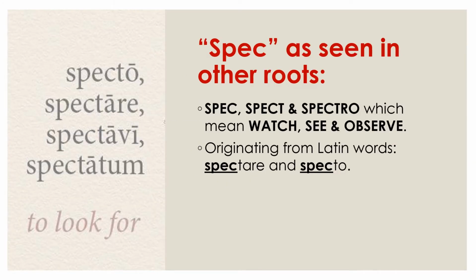As mentioned, spec is a Latin root, which means that it comes from the language Latin, specifically from these two words, spectare and specto. Spec is also associated with two other words, so basically they're triplets. We have spec, spect, and spectro, which respectively mean watch, see, and observe.